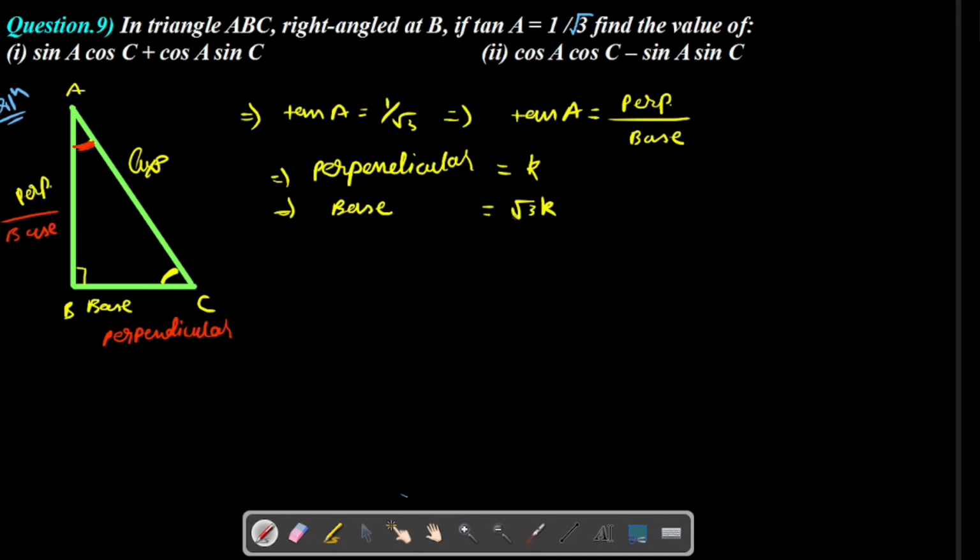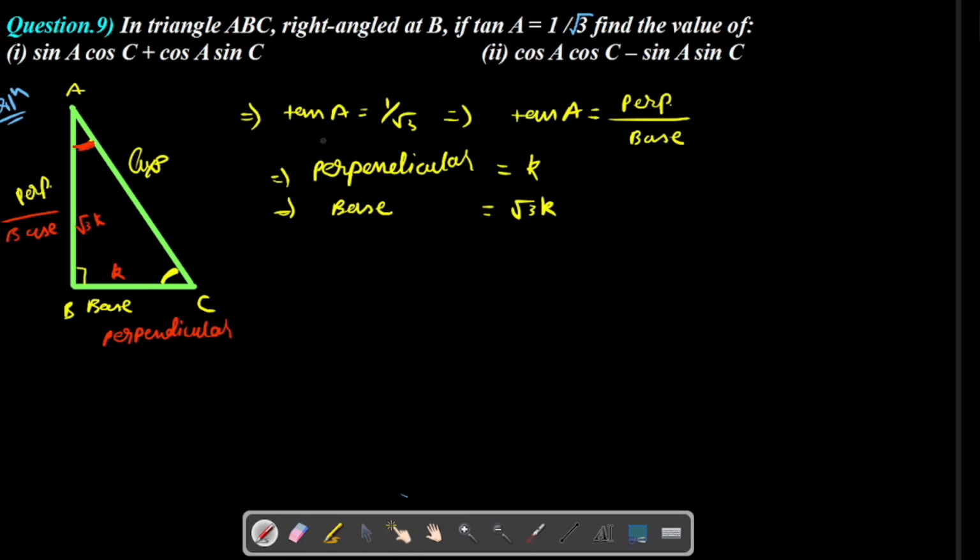Now by putting the values in our triangle, this side BC is equal to K, and similarly this side AB becomes root 3K.